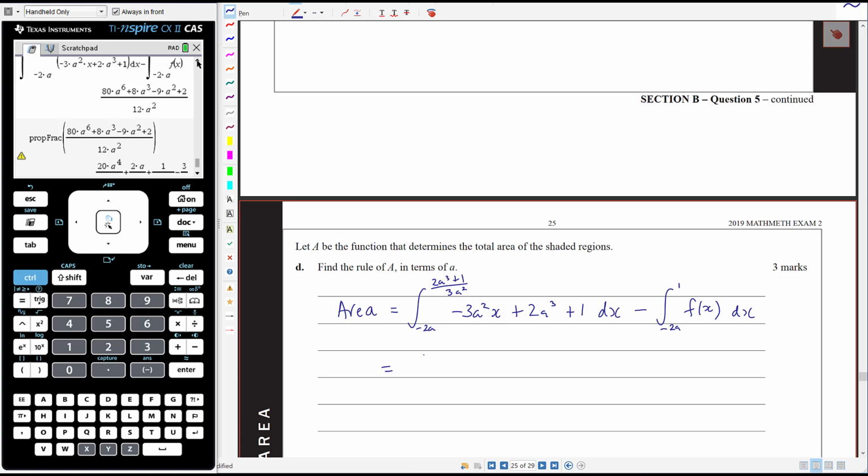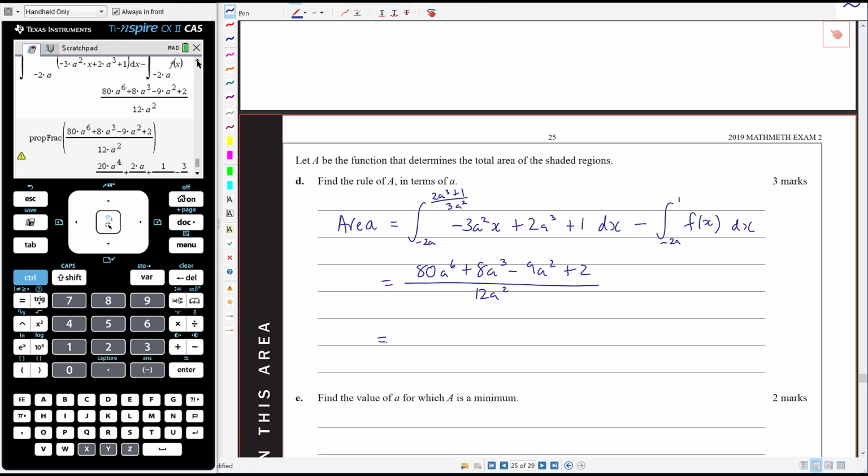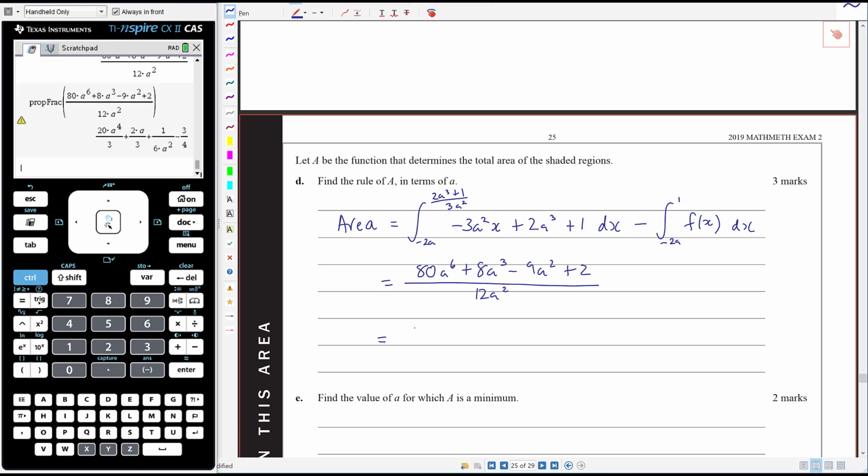So the area is 80a to the power of 6 plus 8a cubed minus 9a squared plus 2 over 12a squared, which is the same as 20 on 3a to the power of 4 plus 2/3 a plus 1 on 6a squared minus 3/4. Whichever, you don't need to write both, just whichever.